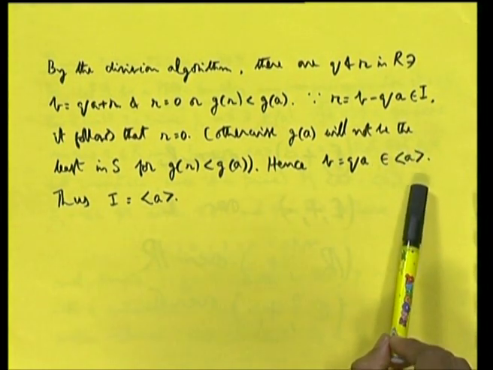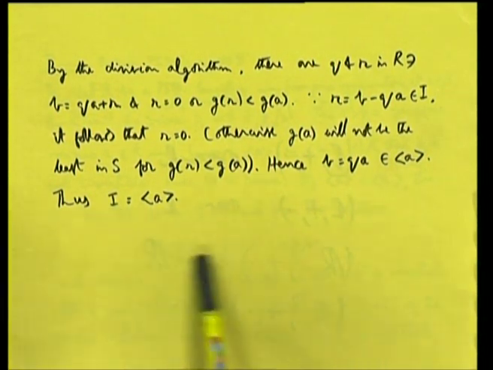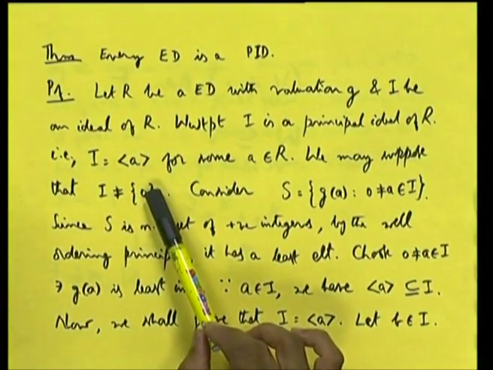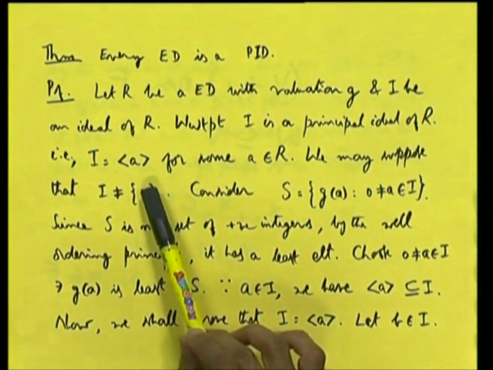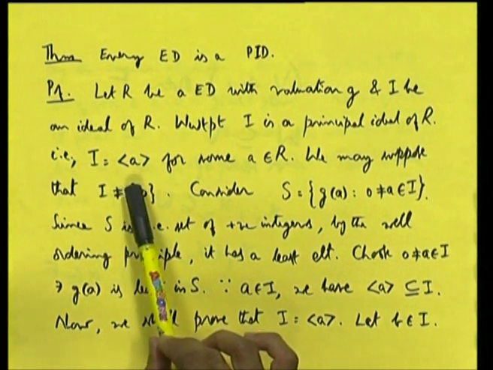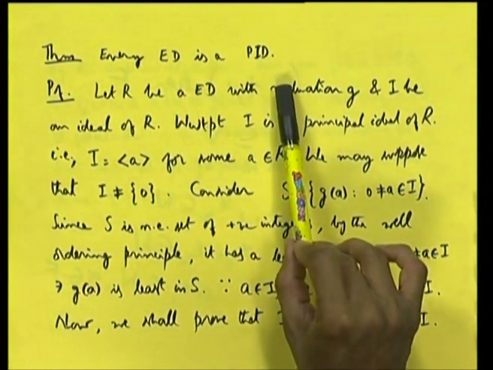Thus, the ideal generated by a becomes equal to capital I. So, we started with an ideal, and for that we could obtain an element which generates that ideal, meaning we are able to show that the ideal is principal. Thus, we have that every Euclidean domain is a principal ideal domain.